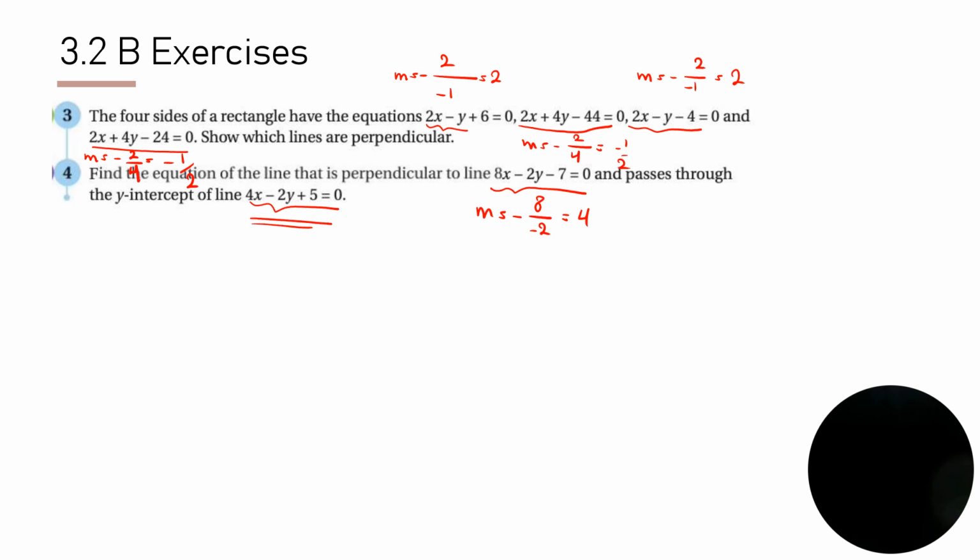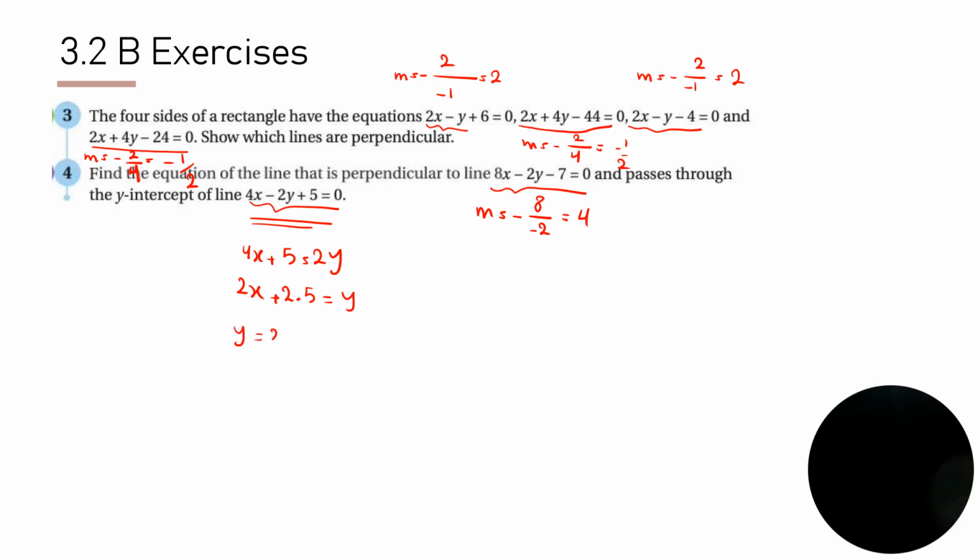Let's reform it to see how it would be in the slope-intercept form to find the intercept easily. Take negative 2y to the right side, so it becomes 4x plus 5 equals 2y. Divide everything by 2 to cancel the 2. It's going to be 2x plus 5 divided by 2, which is 2.5, equals y.